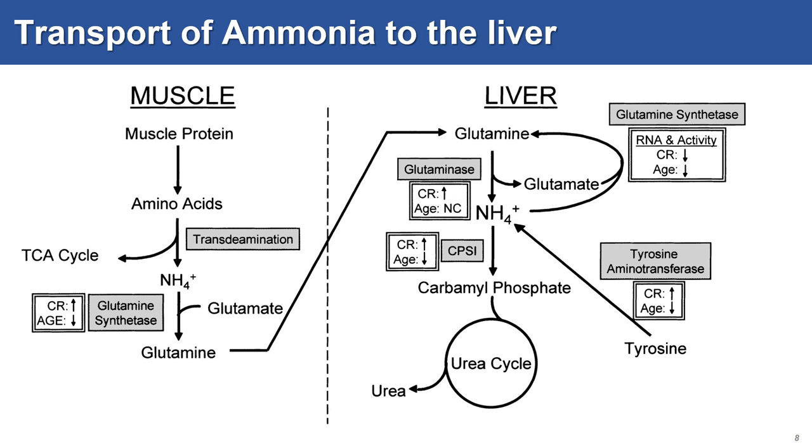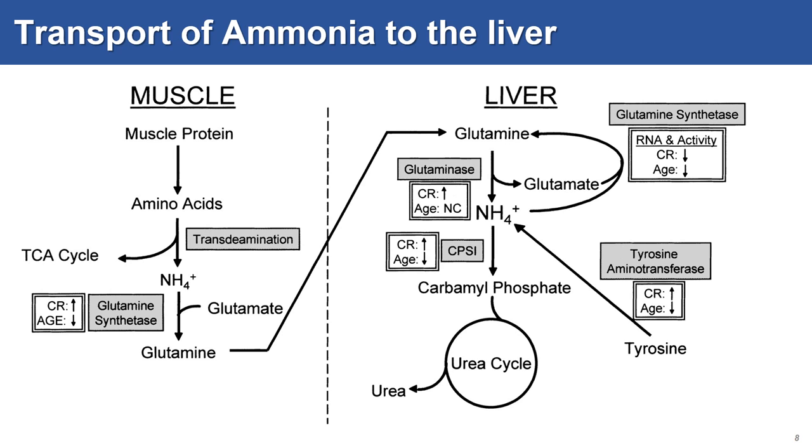The amine group is transferred to glutamate by glutamine synthetase to form glutamine, and then it gets transferred to the liver. The second is primarily used by muscles and involves transamination of pyruvate to alanine, and then that alanine gets transferred. Once it gets to the liver, glutamine gets deaminated into glutamate.